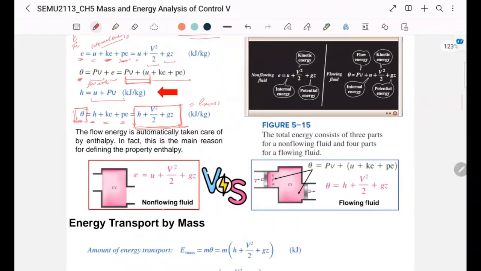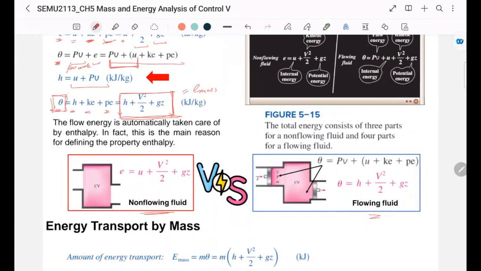So then if we look at non-flowing system, which is closed system, and flowing system. For flowing system, of course, this theta equals PV plus U plus KE plus potential energy. So then we make it into this.